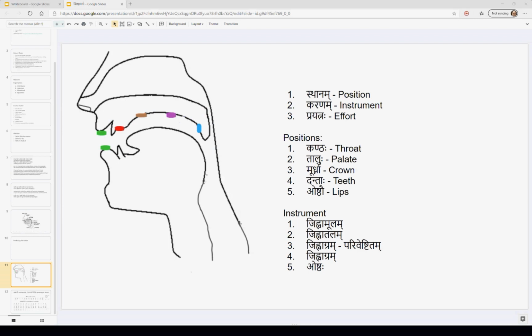So at least for A, it is not very clear. We are just saying that the air comes out naturally. Everything is in natural position. Lips are slightly open because the air has to go out. Otherwise, if the air doesn't come out through the mouth, it has to pass through the nose, and then that becomes a different sound.